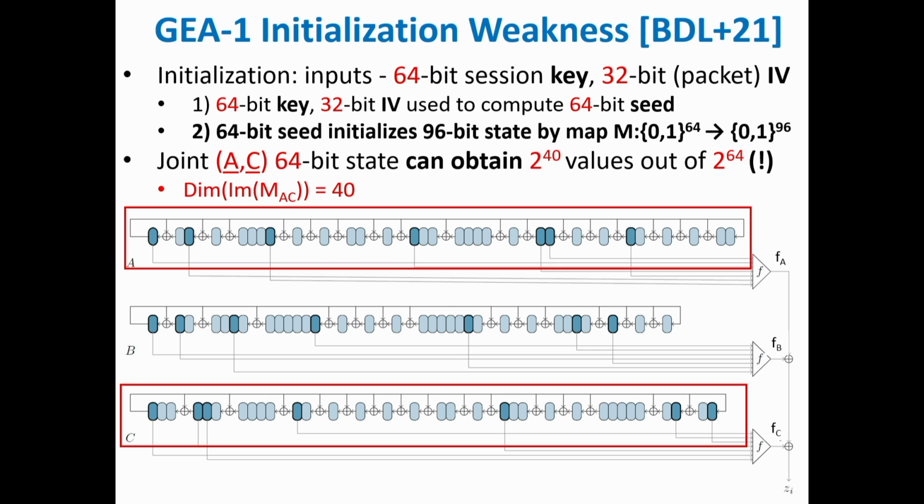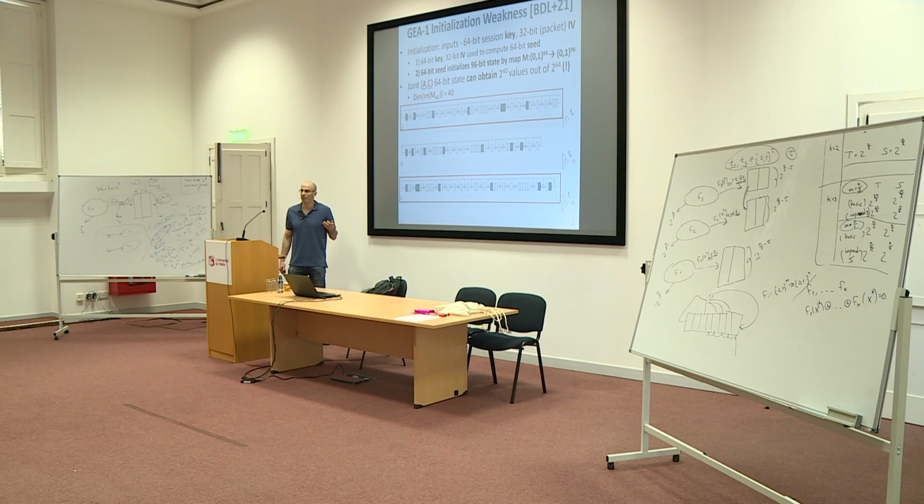But when you look at the pair of A and C, by some magic, both states together can only obtain 2 to the 40 possible values out of 2 to the 64. And of course, this is not my result. The authors of the paper conjectured that this backdoor was intentional, in order to weaken the cipher.